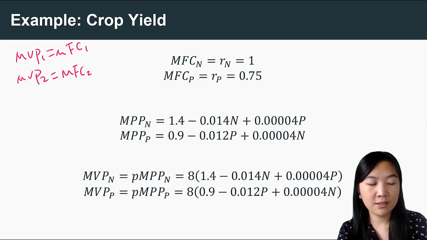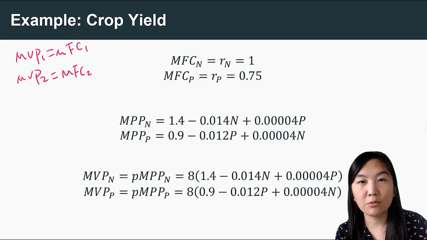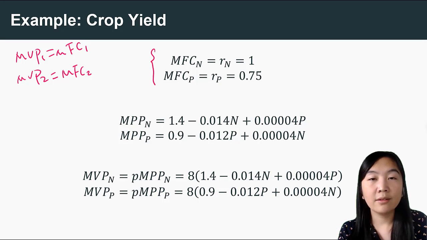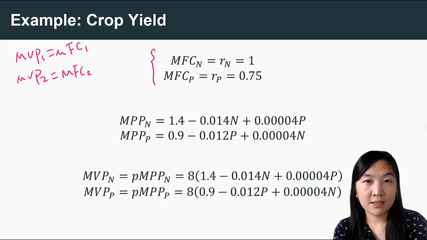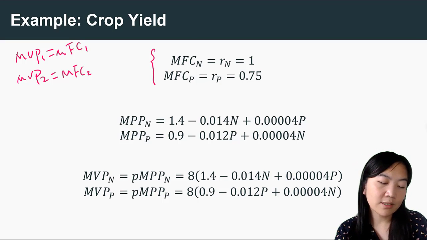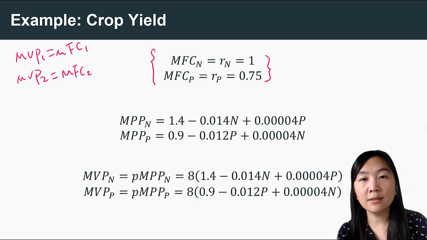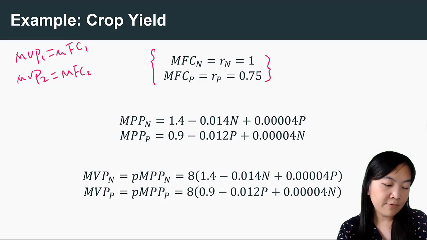To use these conditions, we need to find out what the MVPs and the MFCs are. Under the perfect competition assumption, the MFCs are just equal to the input prices, so that's really easy to find. Then we need to find the MVPs.